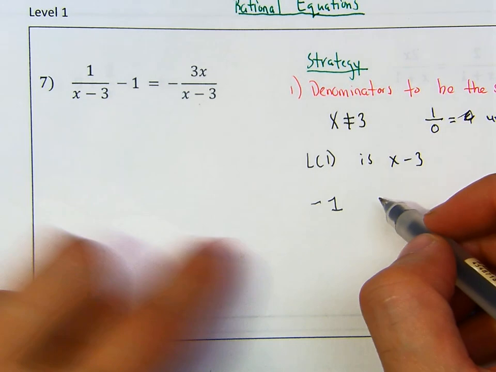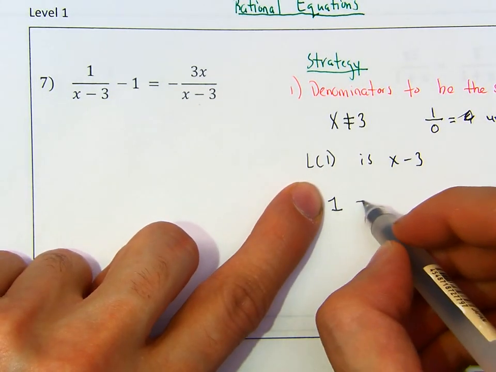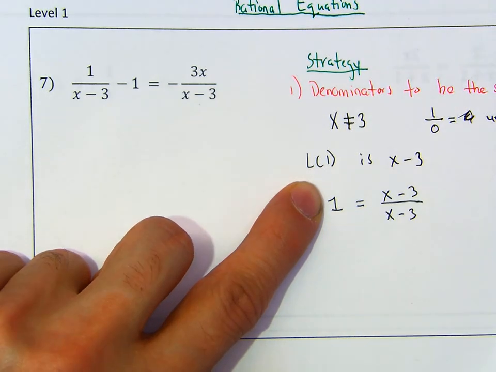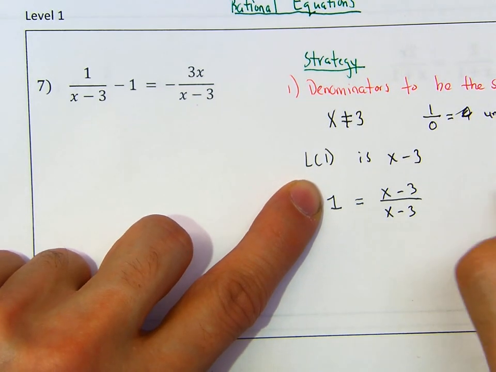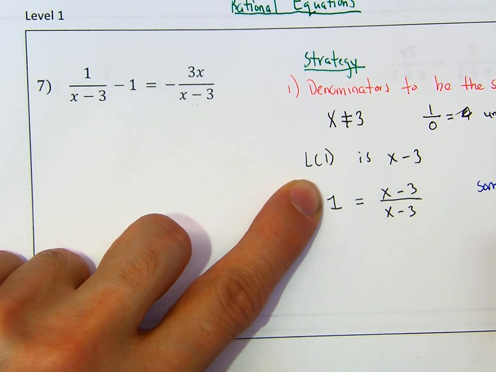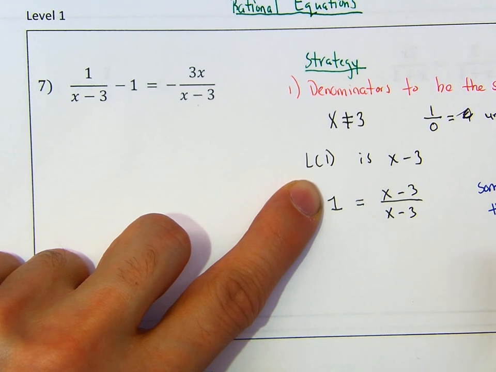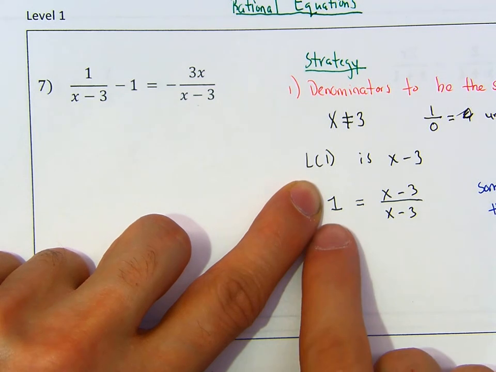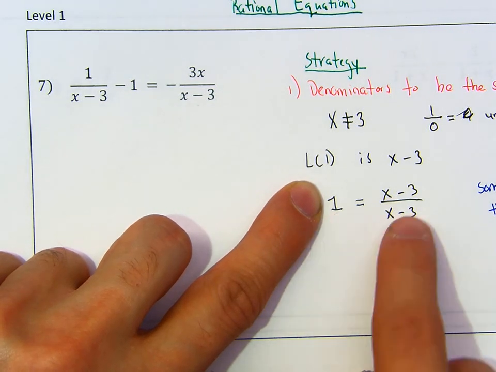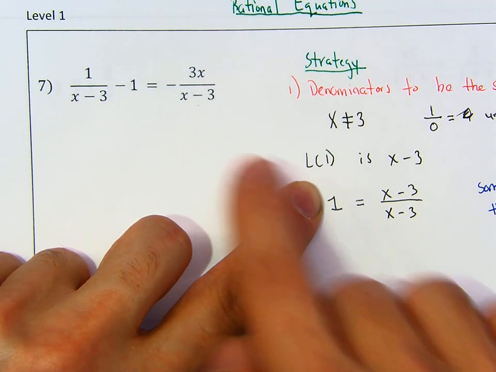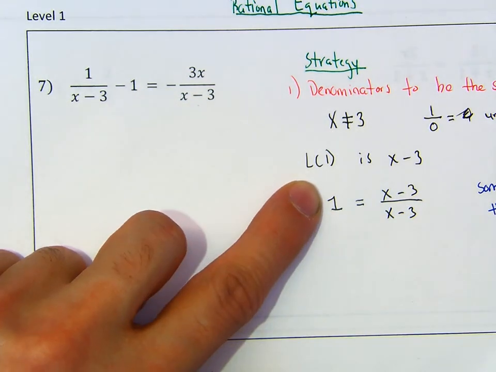All it is, notice that 1 is equal to x minus 3 over x minus 3, because if you have something divided by the same thing, it equals 1. And that's the little trick over here, that 1 is equal to something divided by the same thing. So you're going to change this 1 into x minus 3 over x minus 3.